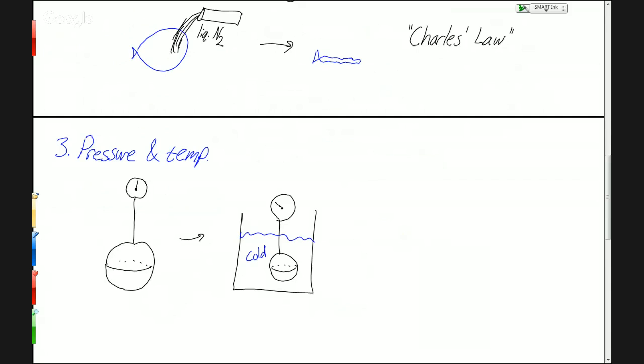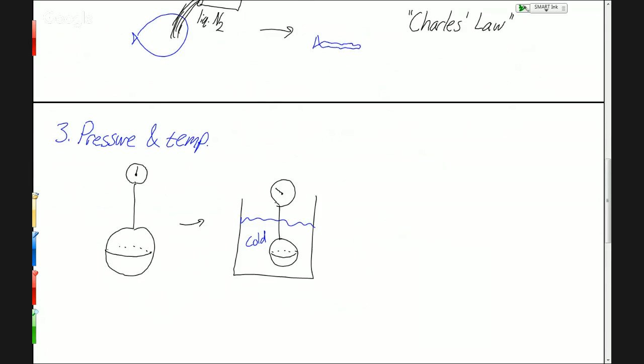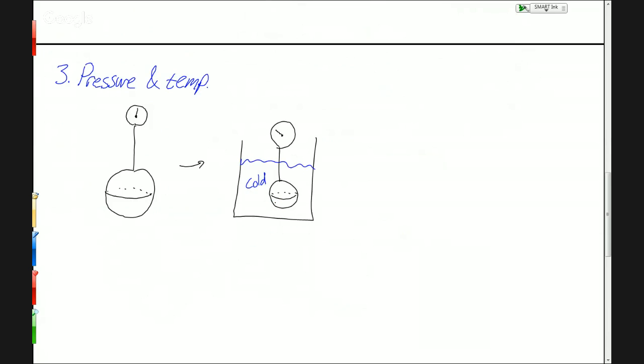So we'll see that the pressure of the gas inside there has gone down. That shows that you can't do this kind of thing with balloons because balloons change volume. So you need something with a fixed volume that's not going to change as you change the pressure or as you change the temperature. So this is also a direct relationship.